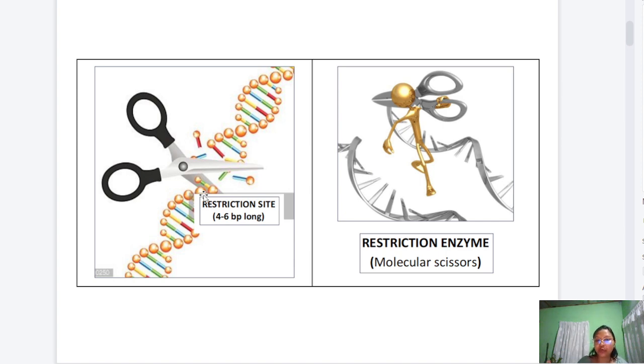So in short, we also call the RE, or restriction enzyme, a molecular scissor. These molecular scissors cut at the DNA sequence that they identify. I hope it is clear.